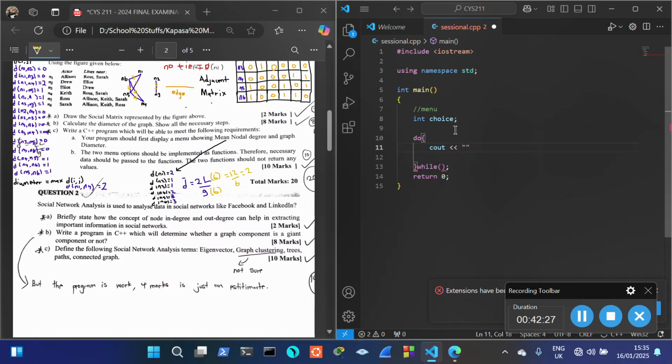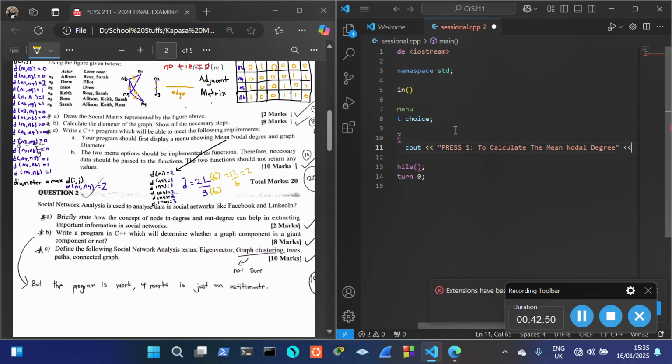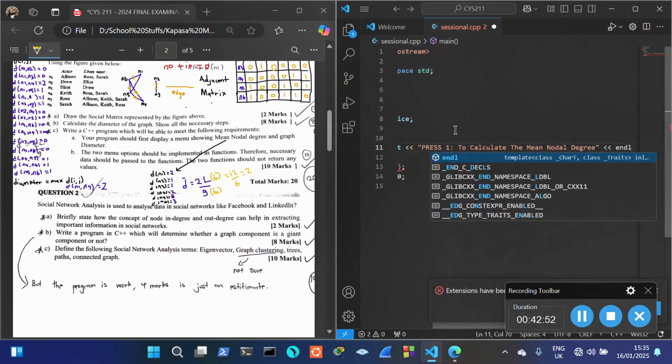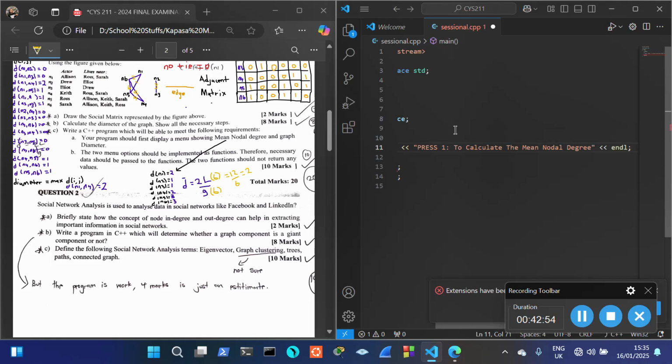Then we give a message by saying, for example, press 1 to calculate the mean nodal degree, okay? Then I need to end my line, so I'll say endl because this line is done.